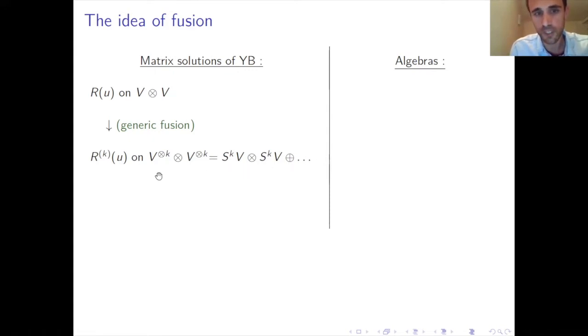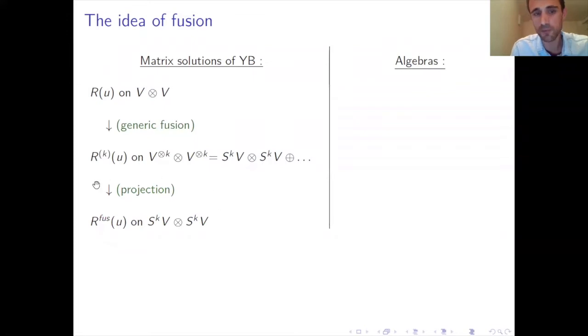So what we would like is to have this solution not on this big space, but on this smaller space. So of course, the second step is to make a projection, to project this solution on this subspace.